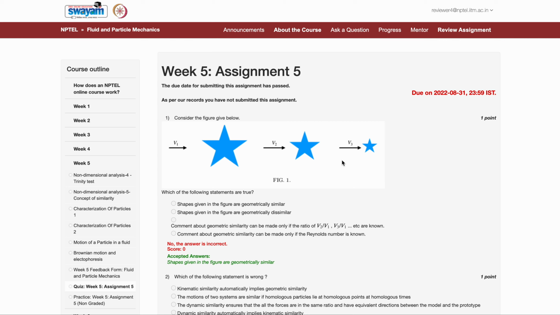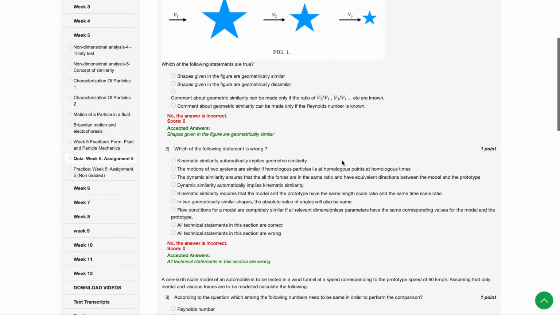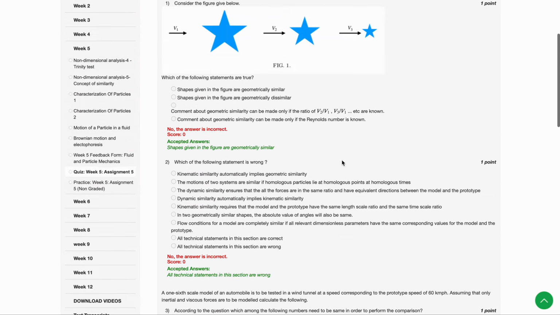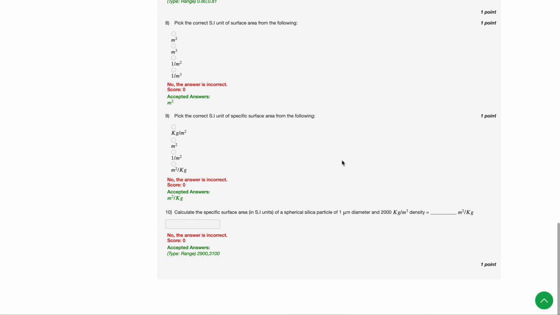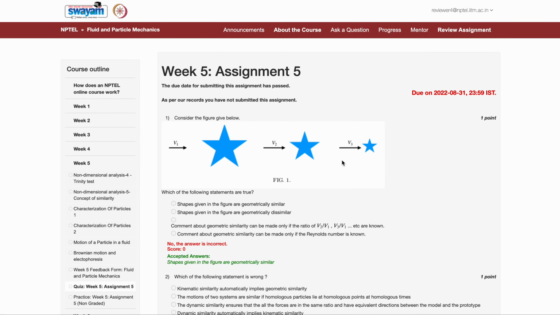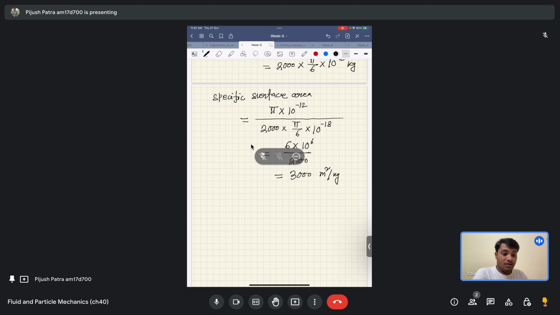I think it will help you in solving problems for your NSEM, because in the NSEM, from dimensional analysis and similarity, similar types of problems should be there, as we expect.